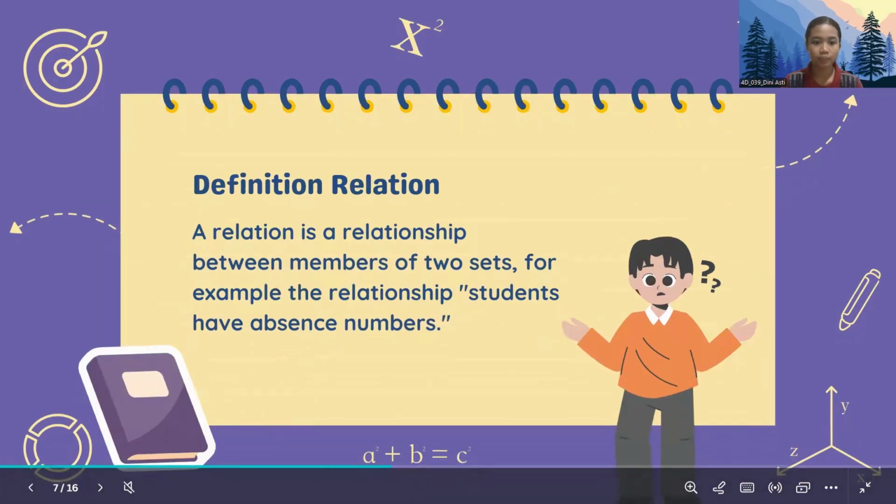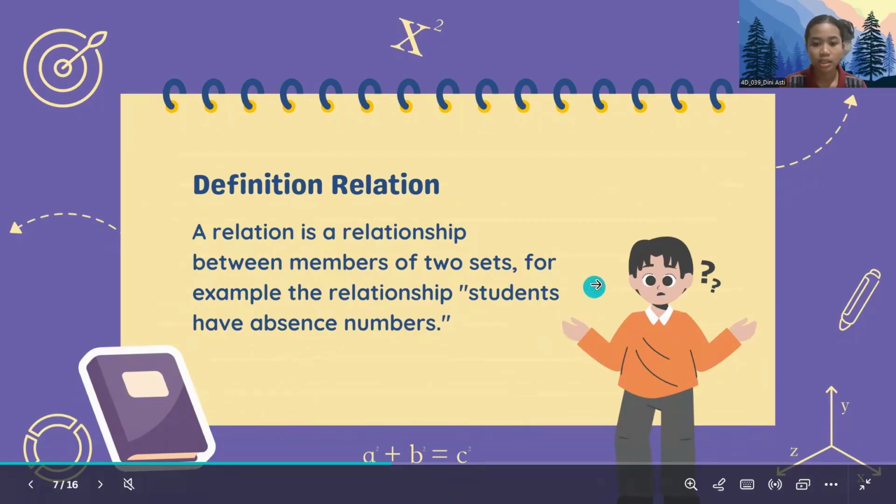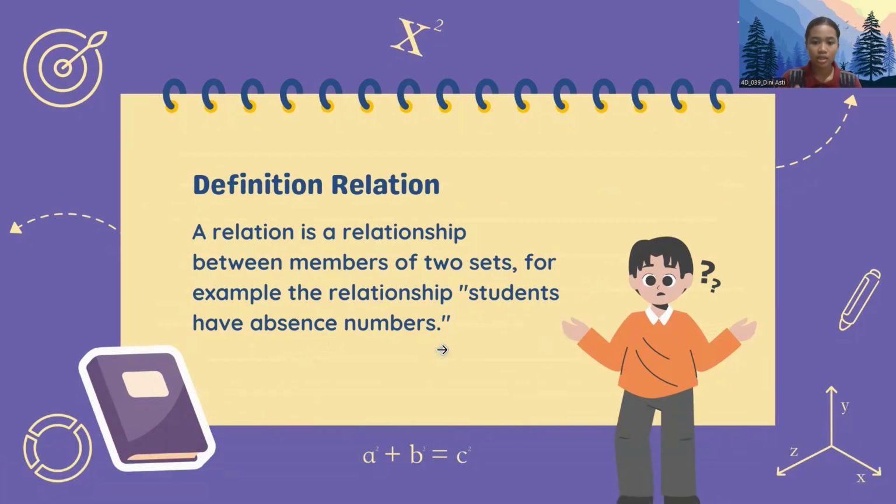Next, the definition of a relation. A relation is a relationship between members of two sets. A simple example is the relationship where students have an absence number.